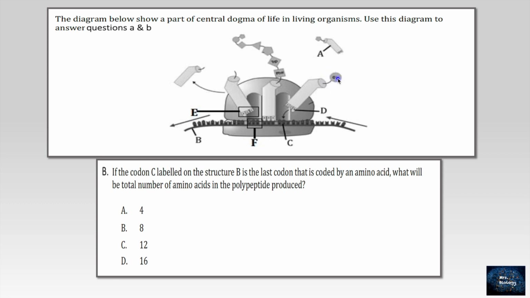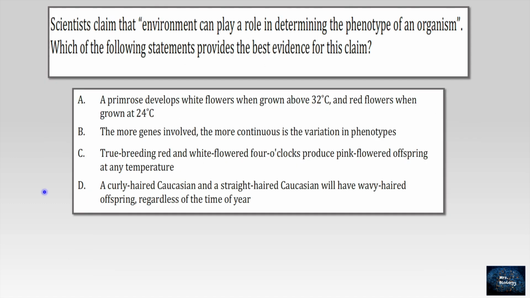So if we count how many amino acids we have, 1, 2, 3, 4, 5, 6, 7, and 8. So this polypeptide chain will contain 8 amino acids. The right answer here is choice B.